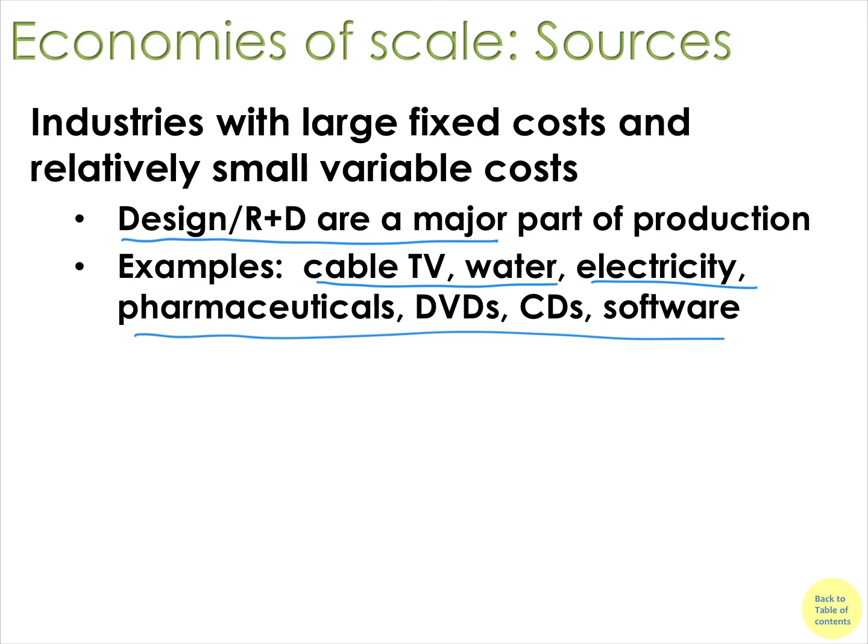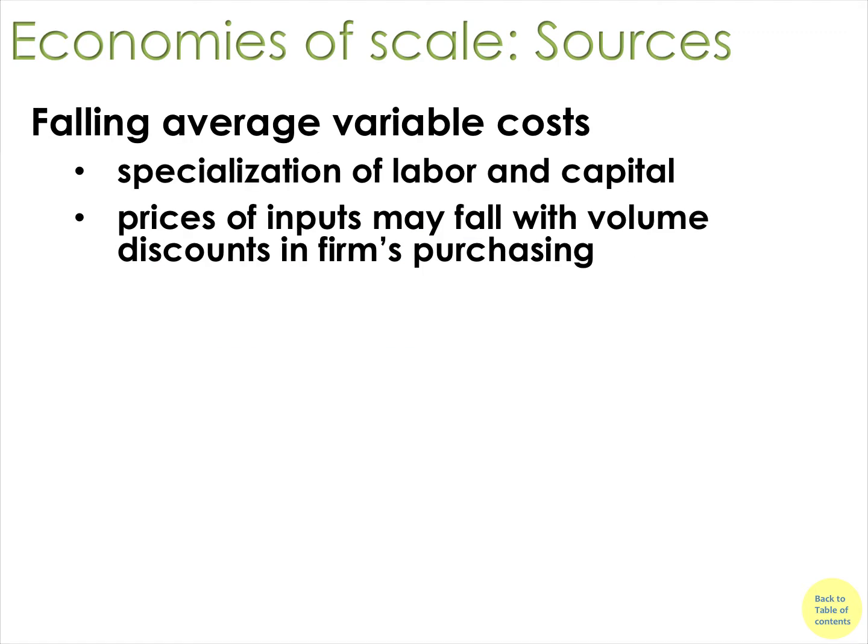Cable TV is a good example of that back in the day. Other sources of economies of scale can be falling costs, for instance, as you get better at productivity and specialized, you can feel increases in productivity, which cuts your average cost. Also volume discounts. For instance, if you're buying something and as you get bigger, you get a volume discount, that's going to push down your price as well.